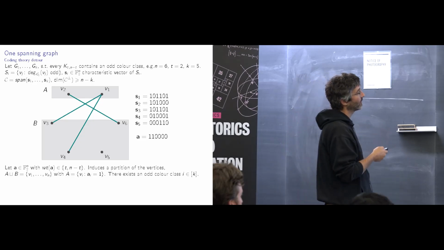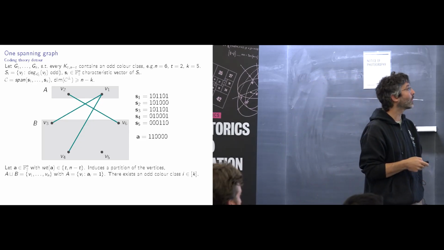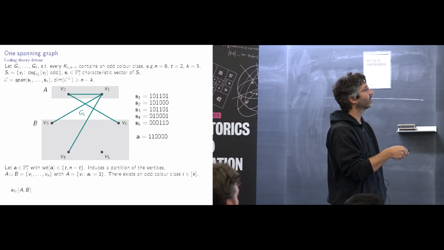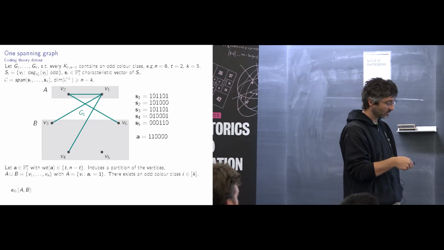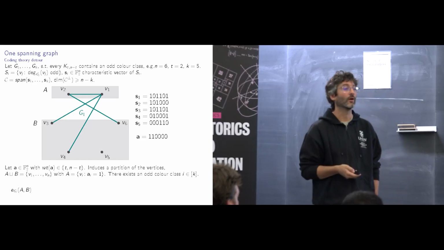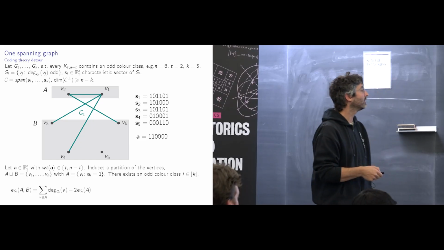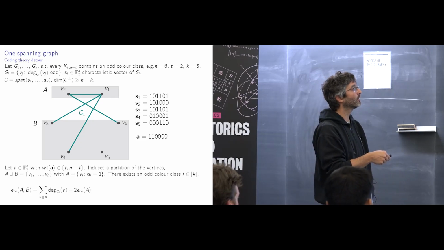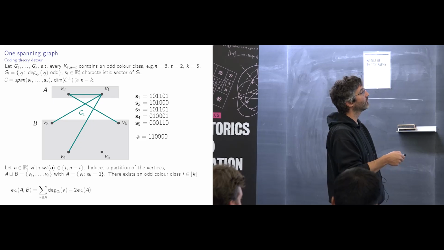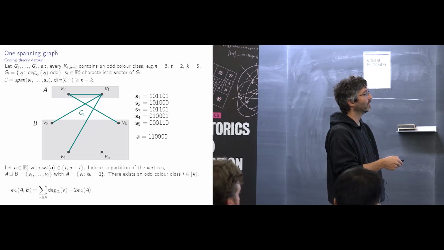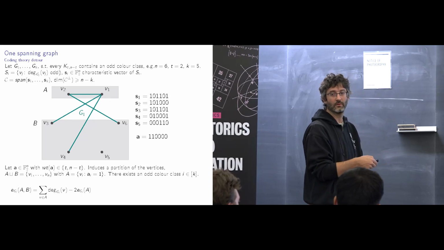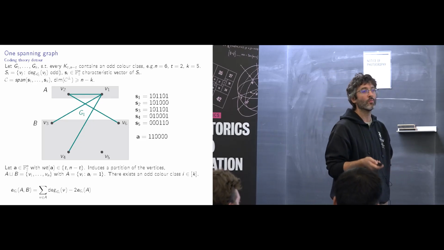So we know that here we have an odd number of edges, but if I want to count, in my coloring, how many edges I have from A to B in that color, you can just do a degree counting argument. You count the degree over all the vertices of A, and that gives you everything in between, plus twice the number of edges in A. Now I'm going to work modulo 2.